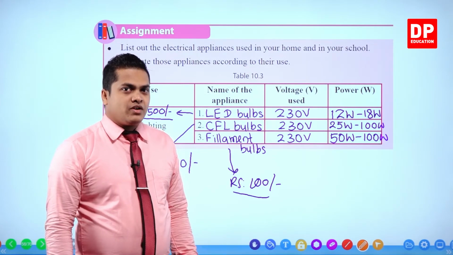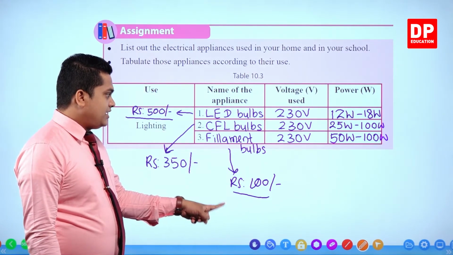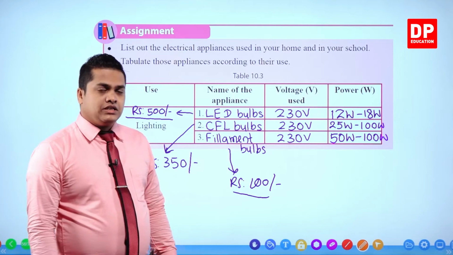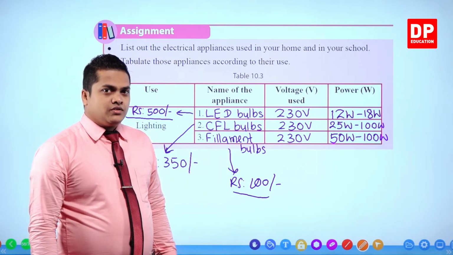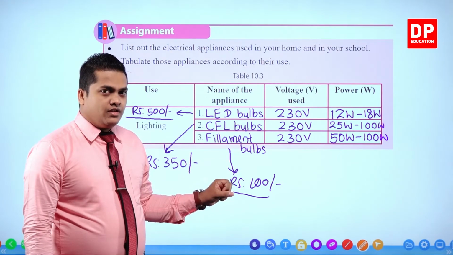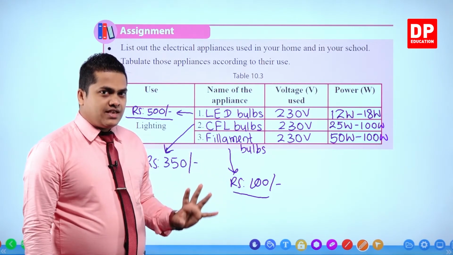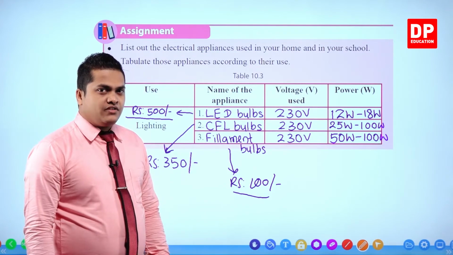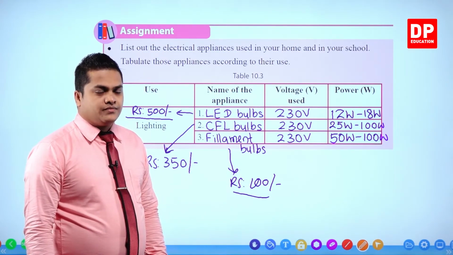I'm comparing the filament with the LED. LED has a high initial cost, but it is going to save a large amount of money for you in the long run.